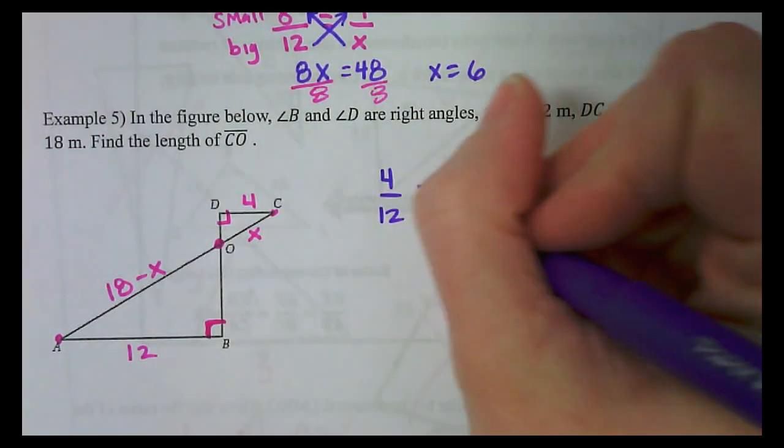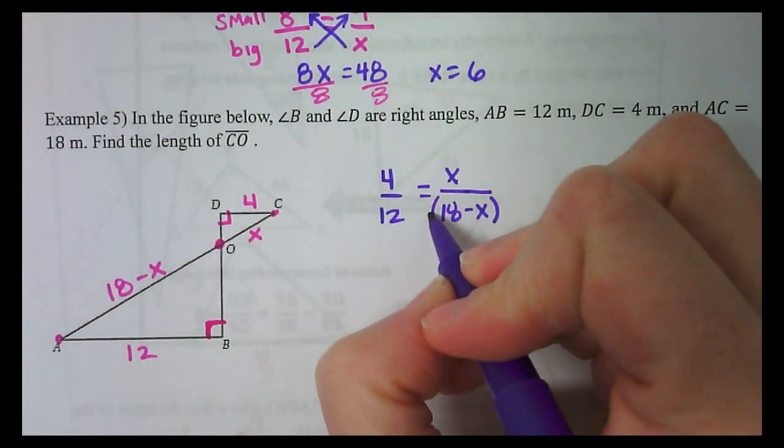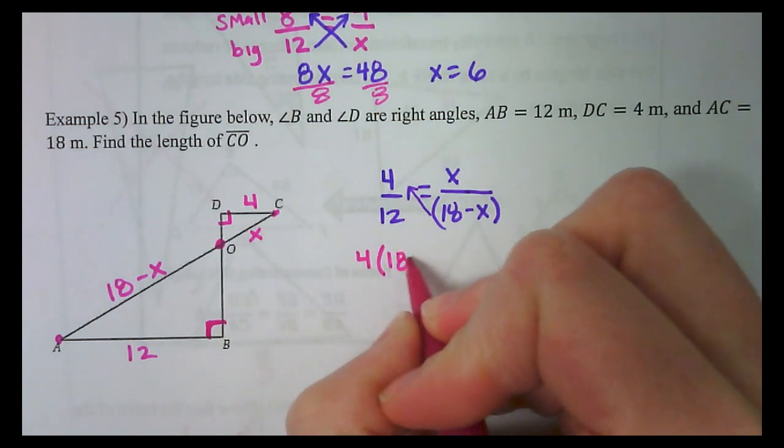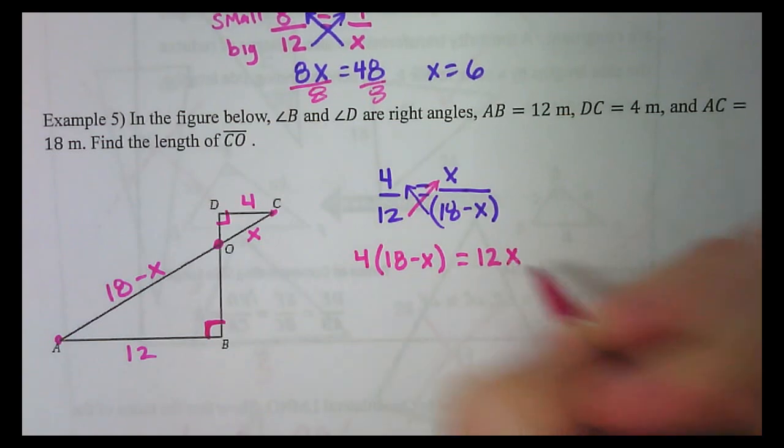And we're going to cross multiply. Anytime you have more than one piece in a fraction, you want to throw it in parentheses. When I cross multiply, I'm saying 4 times this whole thing, and I'm saying 12 times x.